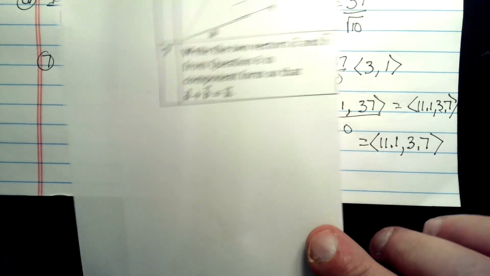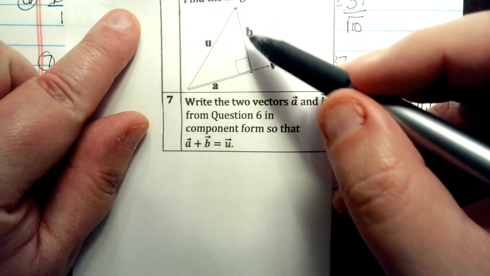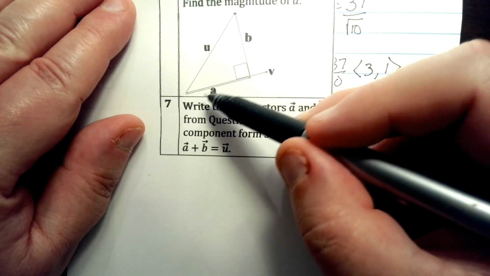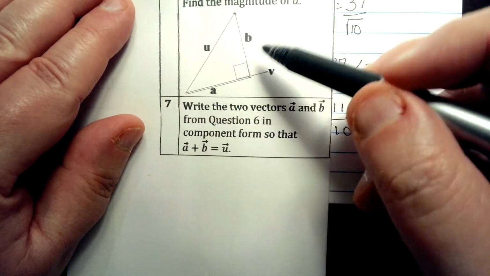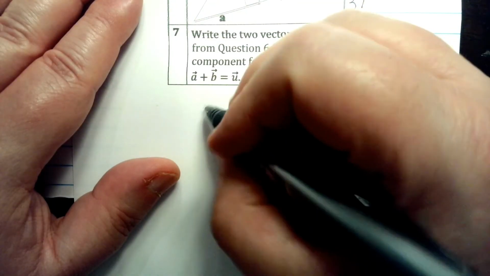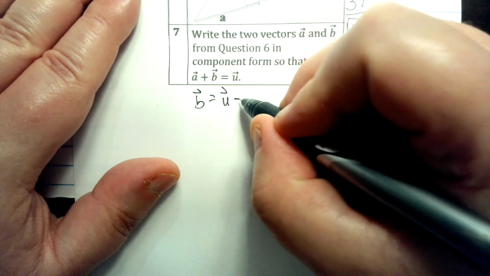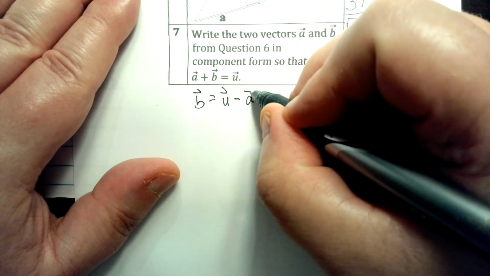Now, we also need to find the vector b. Well, we know that a plus b is equal to u. u is the resultant of adding a and b, or the resultant vector of a and b. So that tells us that the vector b is the vector u minus the vector a.